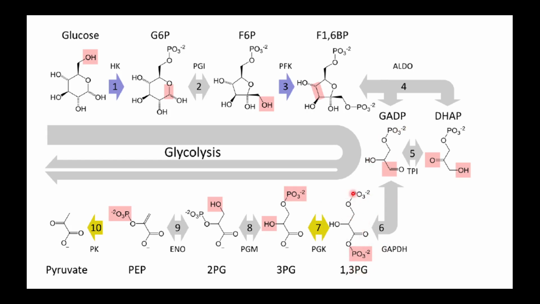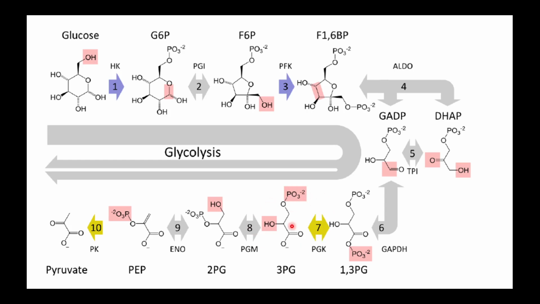So we have two phosphates here in a glycerate molecule. This dihydroxyacetone phosphate also gets converted into GADP, and then by GAPDH, it gets converted into 1,3-phosphoglycerate. From this step, we have the next intermediate 3-phosphoglycerate where the dephosphorylation reaction occurs.